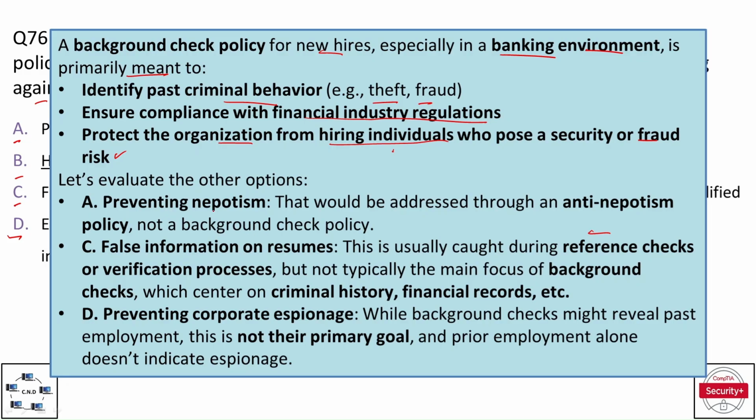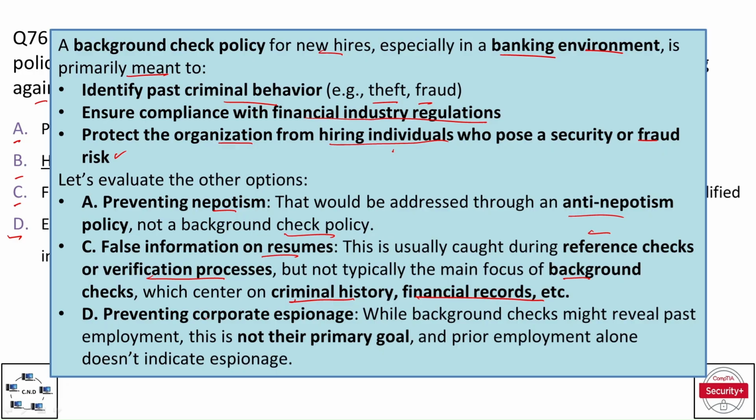Option A, preventing nepotism, would be addressed through an anti-nepotism policy, not a background check policy. Option C, false information on resumes. This is usually caught during reference checks or verification processes, but is not typically the main focus of background checks, which center on criminal history and financial records.